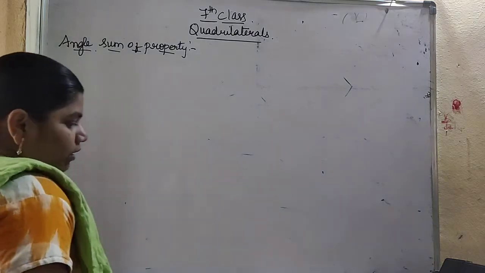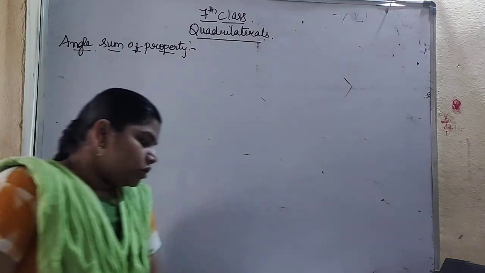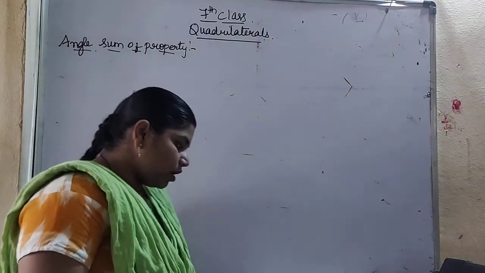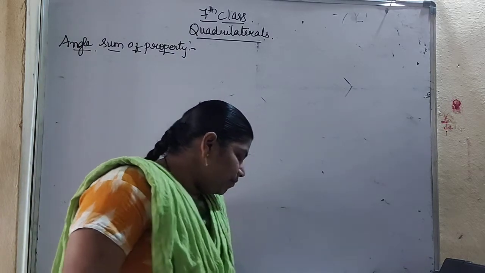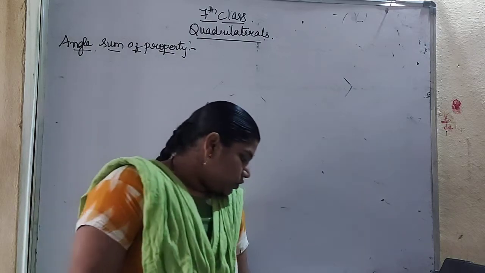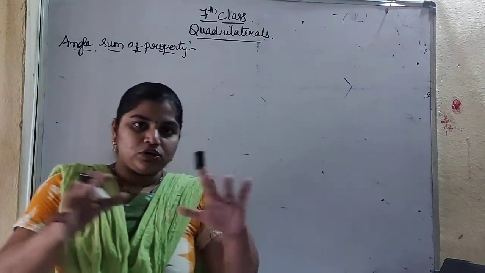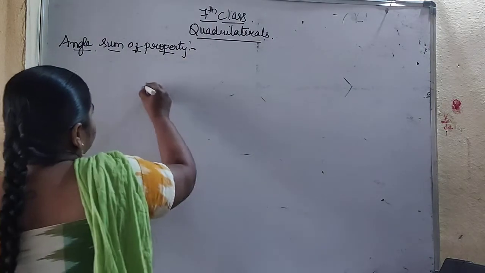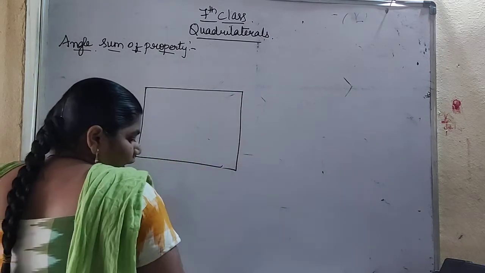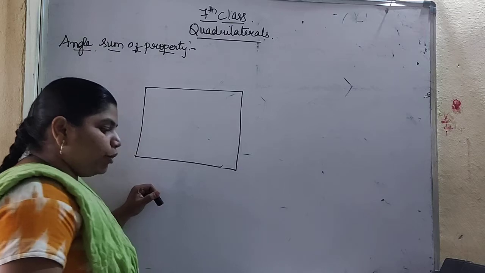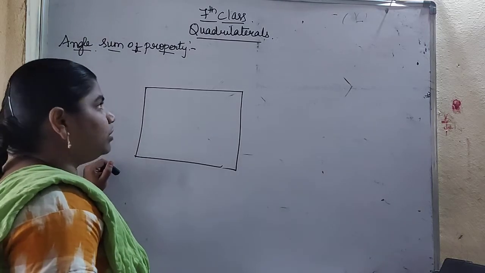So what is the next one? Angle sum property. They have given one activity here, activity number 1. First, take a piece of cardboard. So I am drawing here. We have to take a piece of cardboard and draw a quadrilateral ABCD on it.